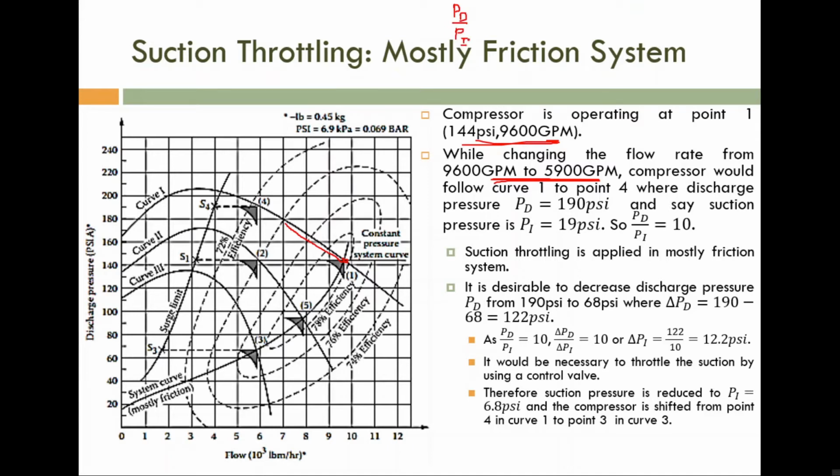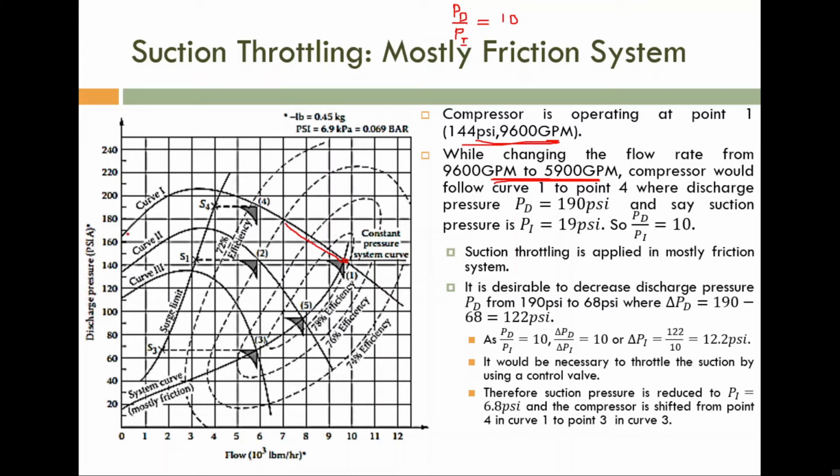Generally, if flow rate is decreased, PD by Ps, that is the compressor ratio, is increased. For explanation purposes, corresponding to 5900 gallons per minute, the compressor ratio is 10.